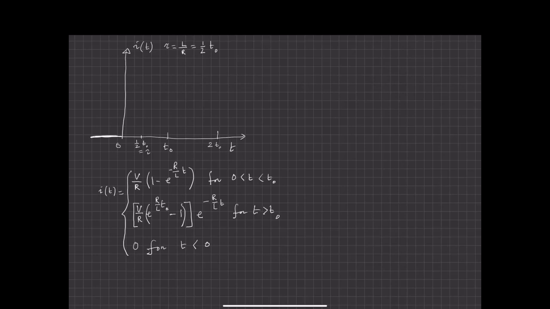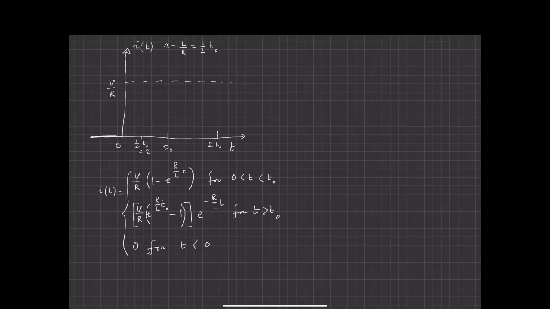For large t, that exponential dies down. So it wants to go to V over R.